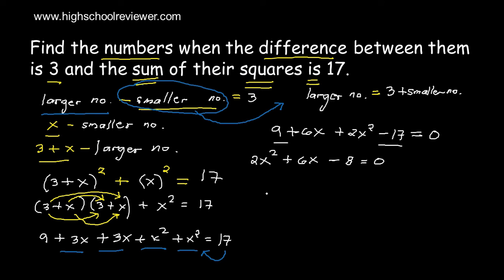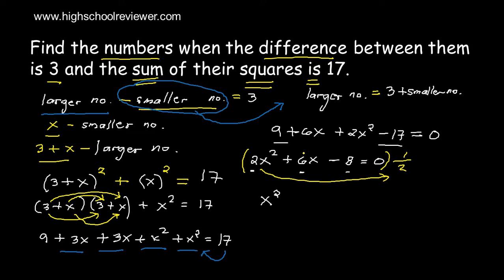As you may have noticed, 2 is common among the three terms. So since 2 is common, we can divide both sides by 2, multiplying by 1 over 2. 2x squared multiplied by 1 over 2 is equal to x squared.